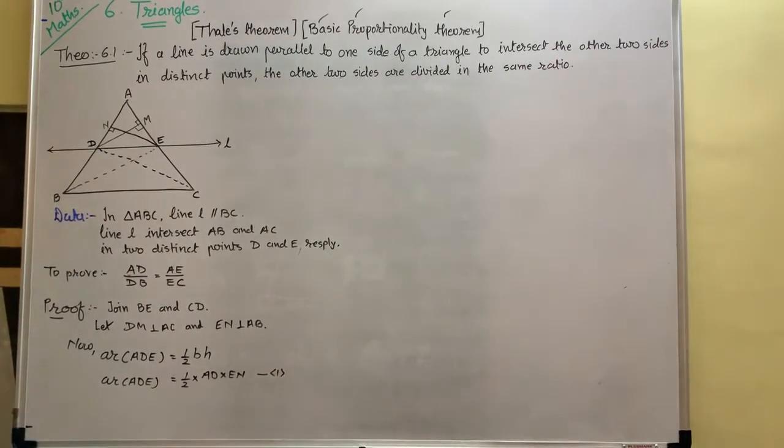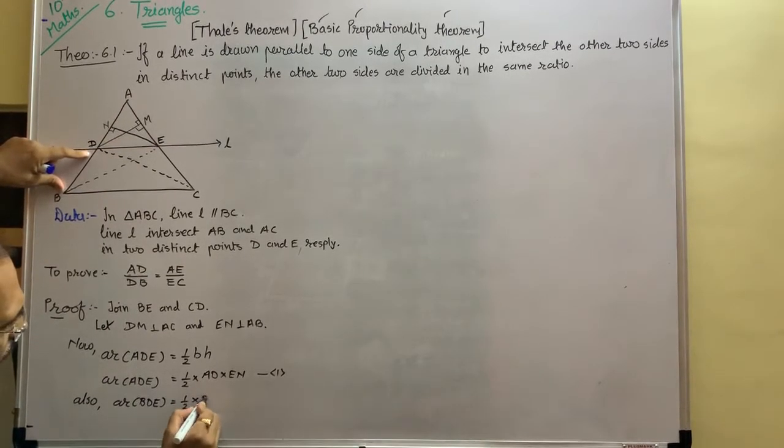Now compare this ratio, area of triangle ADE with triangle BDE, this one. So take also area of triangle BDE equals again half base into height. Here we take base as BD.